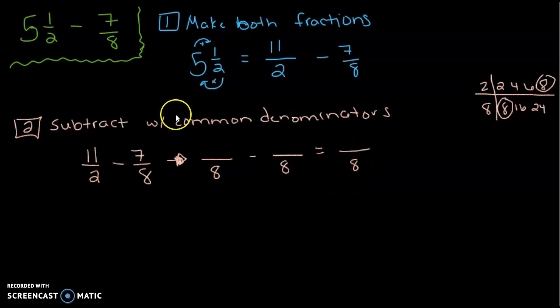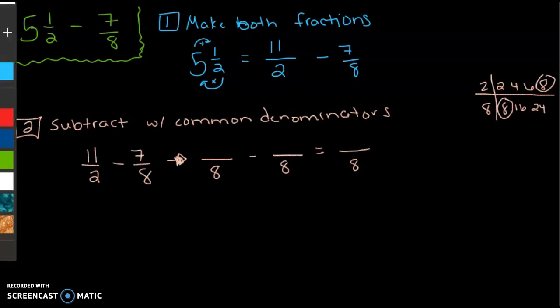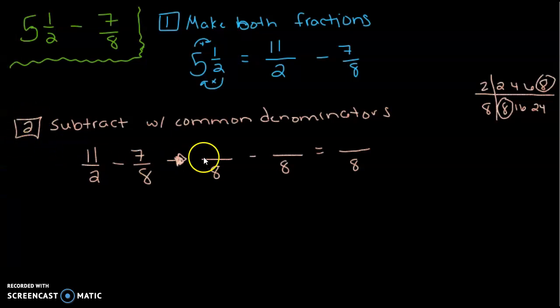Now, this is the part where it gets a little tricky. We have to make these numbers have a denominator of 8. Just as we would when simplifying a fraction, but instead of dividing them both, we want to multiply them both. So I am trying to get 11/2 into a fraction with a denominator of 8.